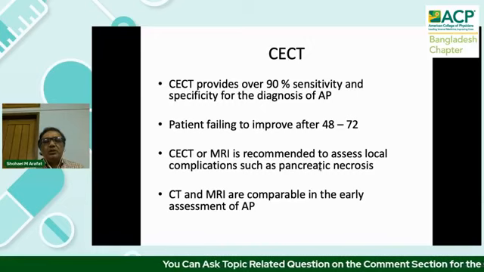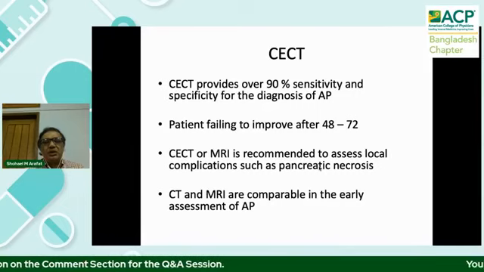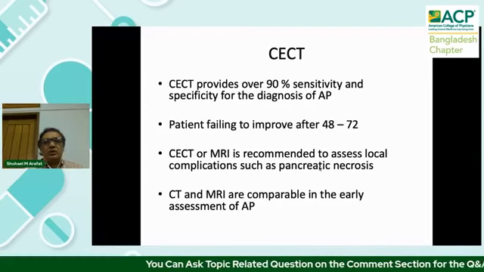The patient may develop complications: a necrotic pancreas, a pancreatic abscess, or a pancreatic collection which may continue after 2 to 3 days. So this may be helpful in assessing those cases.